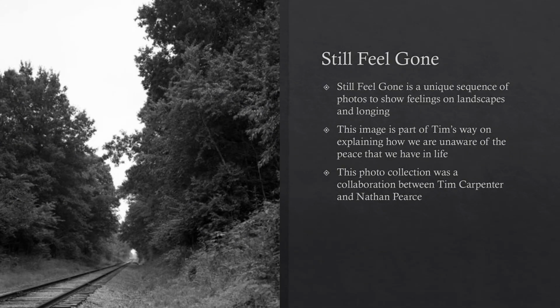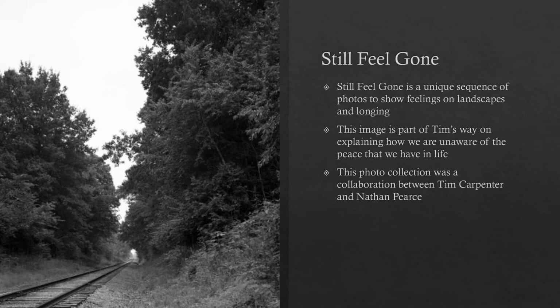So when we take a look at Still Feel Gone, we see another unique sequence of these landscapes that are ephemeral. And this image right here shows Tim's way of explaining how we are unaware of the peace we have in life.